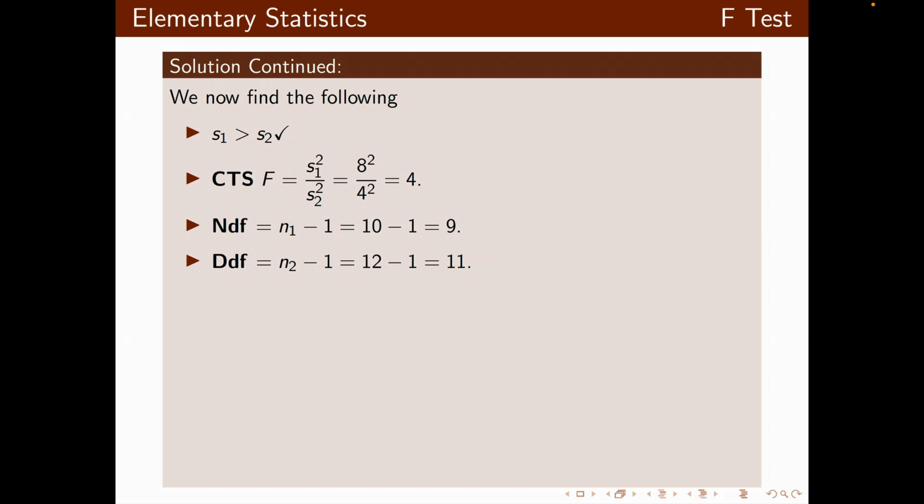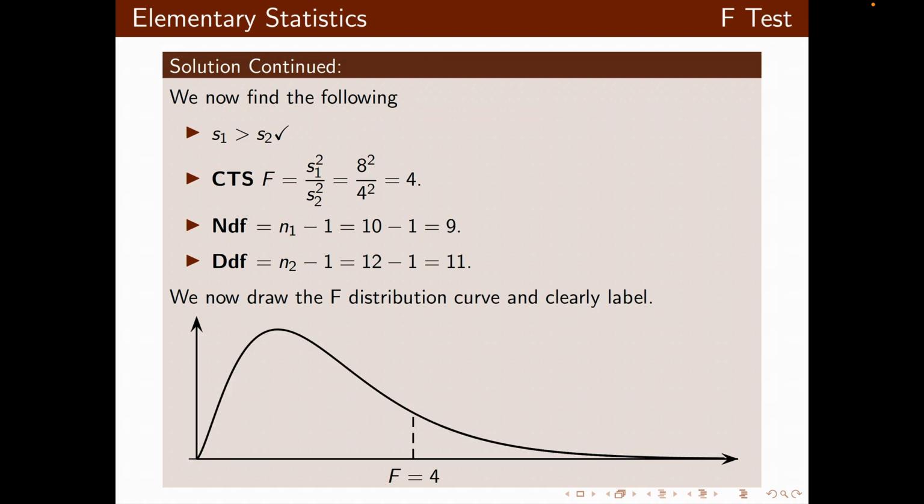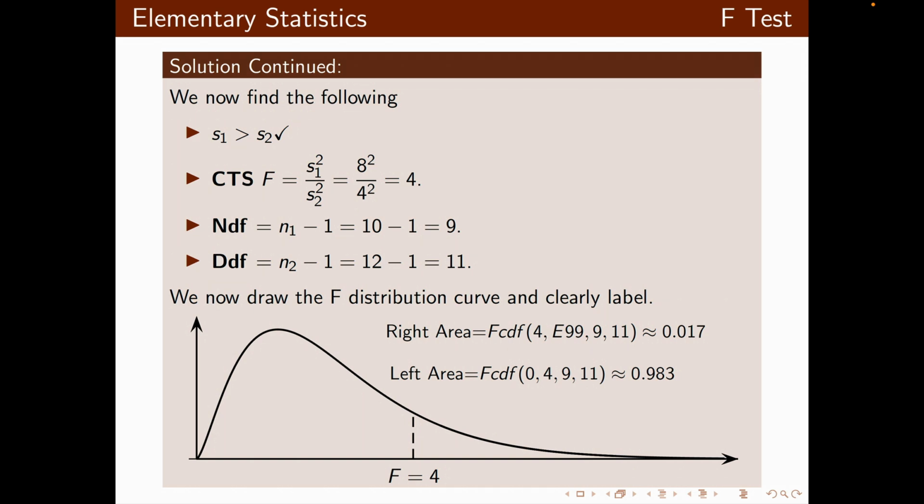And the denominator degrees of freedom, N2 minus 1, so that would be 11. We're going to draw the F distribution curve and clearly label. We're going to find the right area by using TI command FCDF. And we're going to find the left area using the same TI command FCDF.